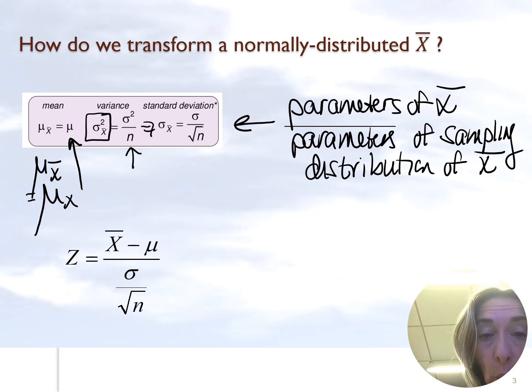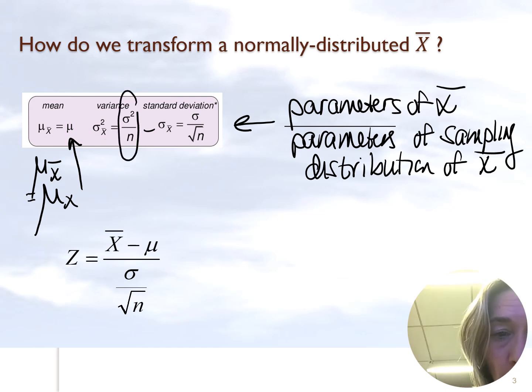So if we take the square root of this, we will get sigma over the square root of n. So that is the standard deviation of X bar. These are your parameters of X bar, or the parameters of the sampling distribution.